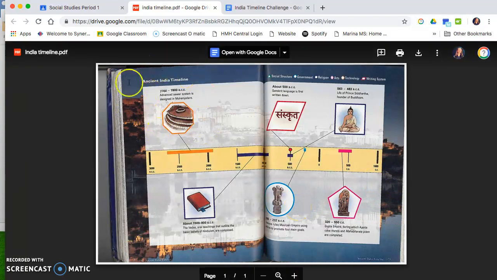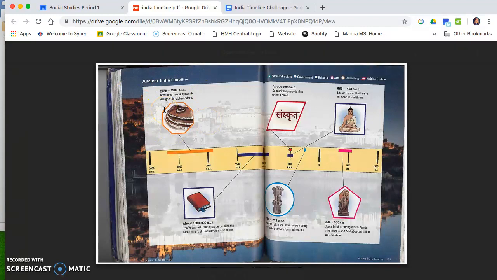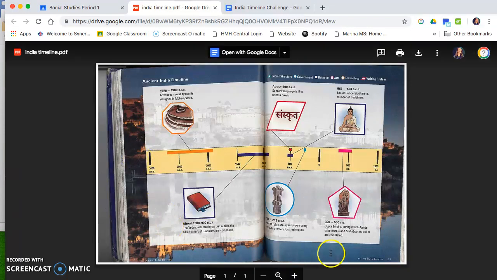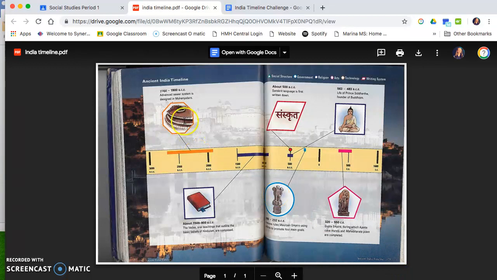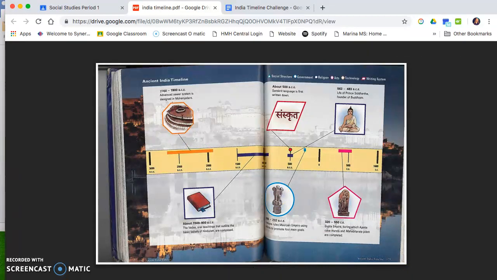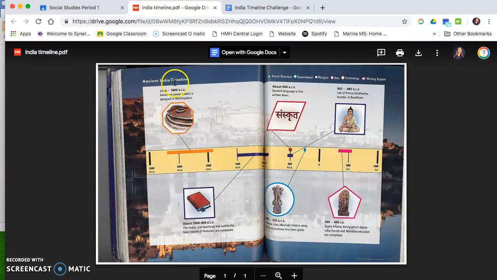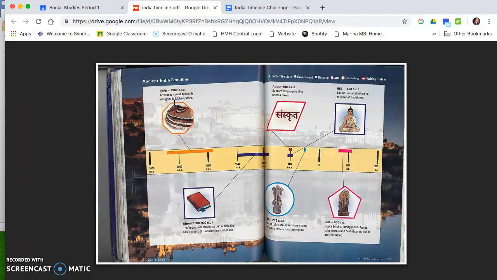And then in this part of the page, there's a list of directions and things that the timeline asks you to do. So in order to complete today's learning, you'll need to go to textbook page 178, 179, and just as you go through each step, you're going to look at the various moments in the ancient India timeline and work on answering those questions.